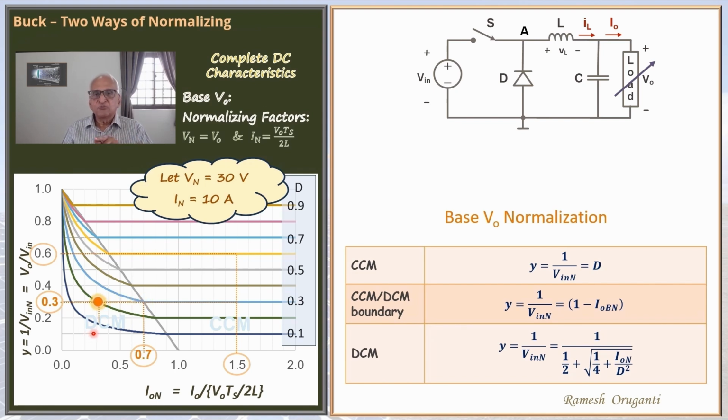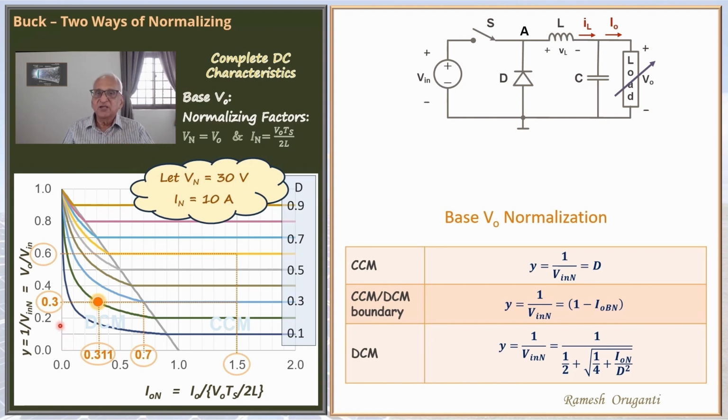So the operating point now shifts to the dark green curve. At this point, the normalized output current is 0.311, or the actual current is 3.11 ampere. The output voltage is still 30 volts. So even in DCM, we are managing to keep the output voltage at 30 volts.